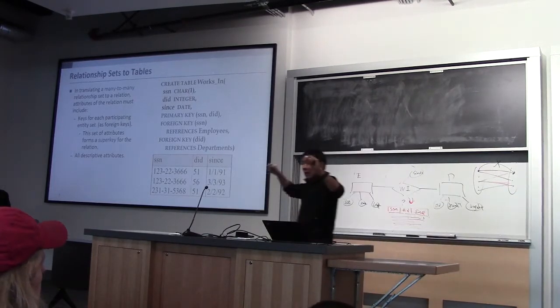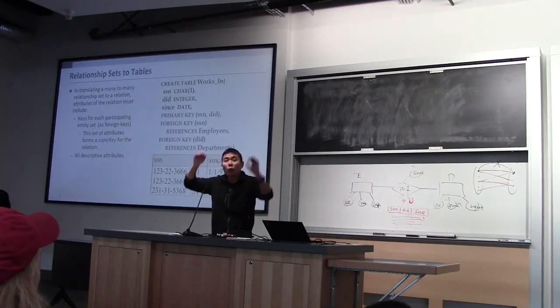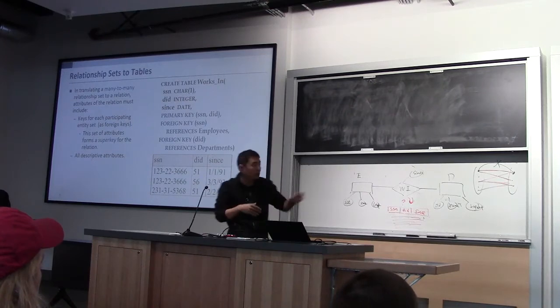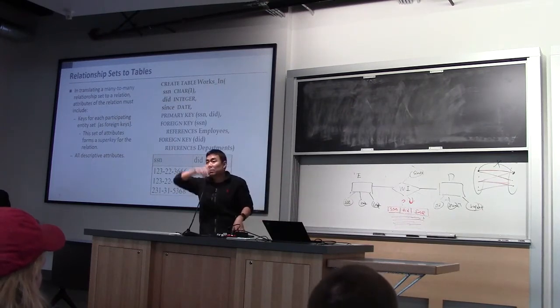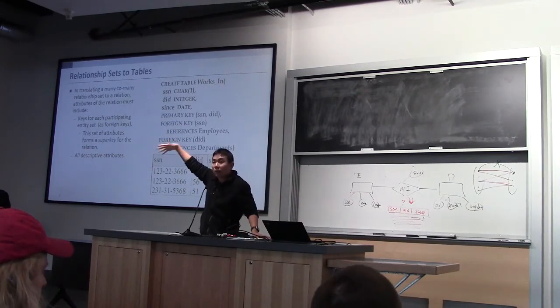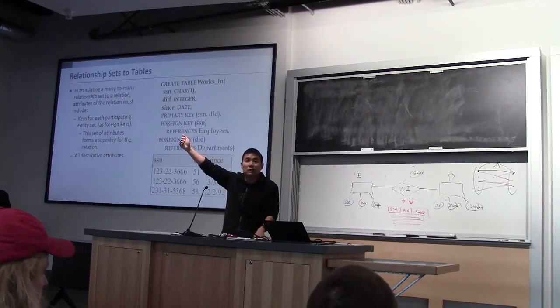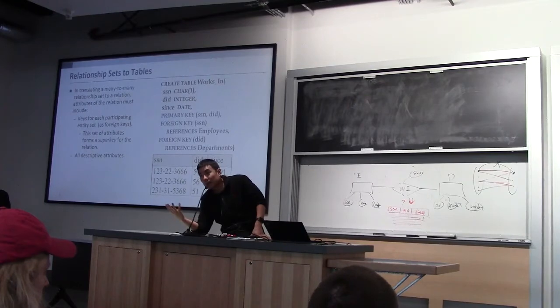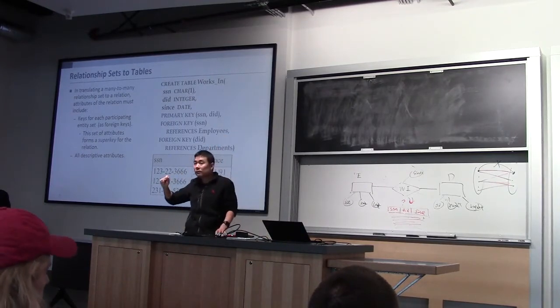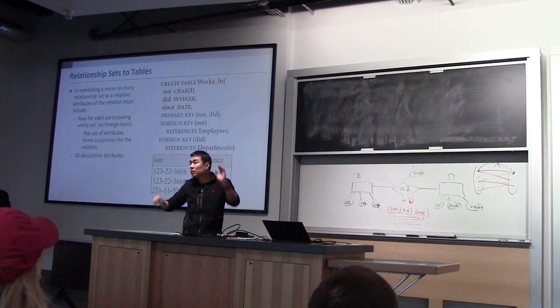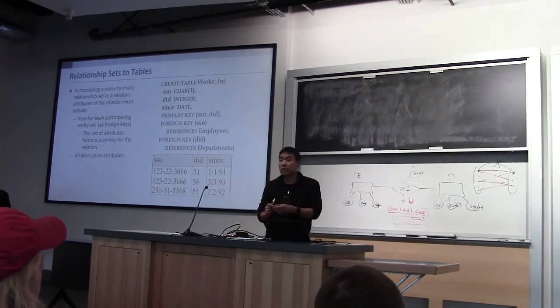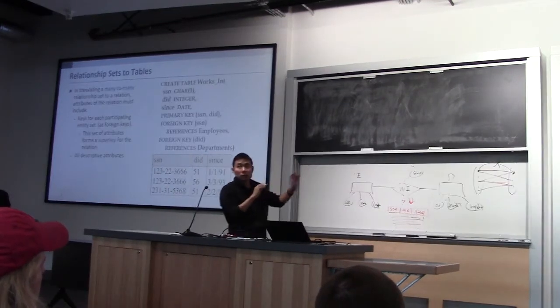Because there can be only one relationship of the same type. Of course, in addition to works, I may have manages. That's a different relationship. In that case, it's okay to connect the same two entities because there are two different relationship types. Go ahead. Are you going to get into the duration entity? I will talk about that example later. That's a ternary relationship. Let's focus on this binary relationship for now.